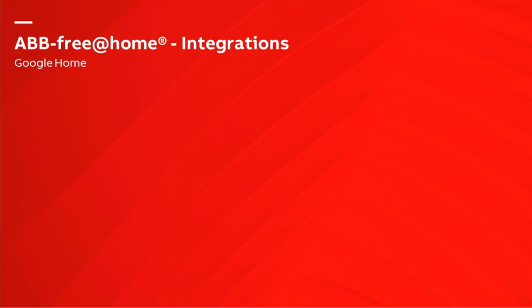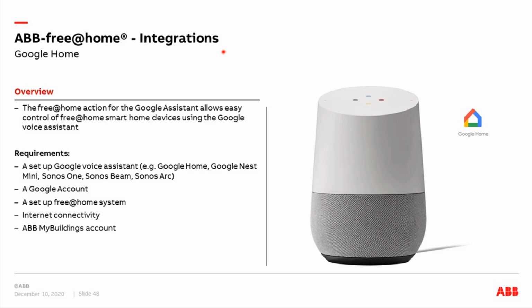When it comes to Google Home, I want to shorten this a little bit, because the process when you want to use Google Home as a smart speaker is really more or less the same. So we have the same requirements. We have to use a smart speaker of Google, like the Google Nest Mini, Sonos Home is possible, and so on. We need a Google account, we need the Free at Home system, we need the internet connection, and we need a My Buildings account.